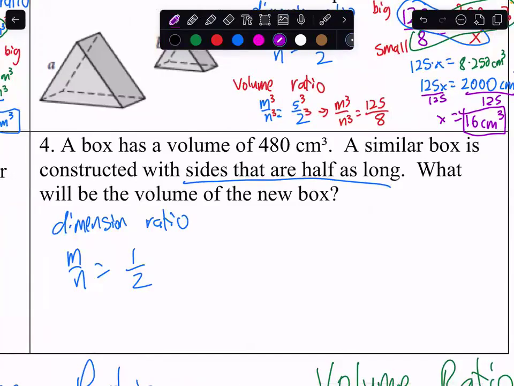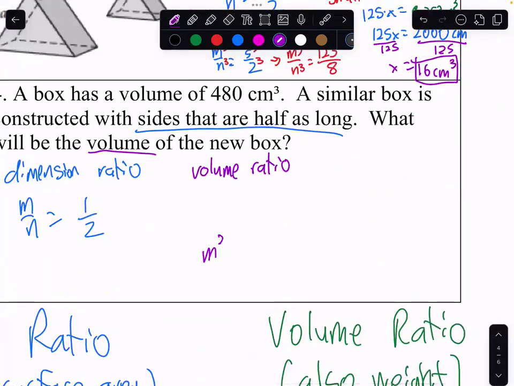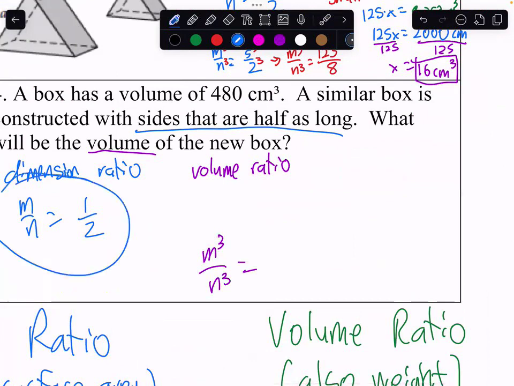Okay, now what do we do with this? Well, the end goal is to find a volume. We can't use a dimension ratio for volume. We need to switch it to a volume ratio. Okay, so our end goal is to find the volume ratio m cubed over n cubed. And we will alter the dimension ratio in order to do that.